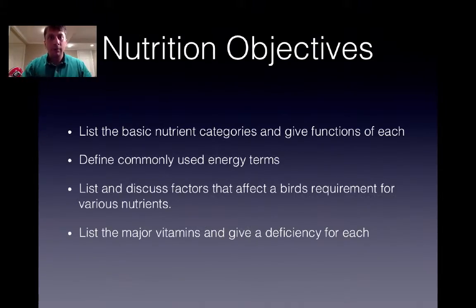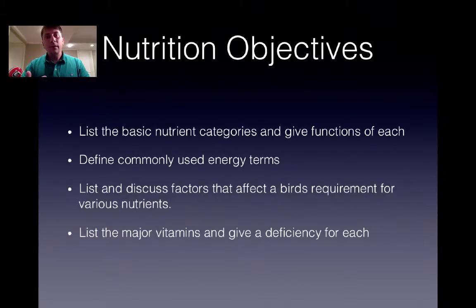And so the objectives for nutrition include listing the basic nutrients, so energy and protein and carbohydrates and fats. We'll provide their function, and we'll look at different sources of those nutrients that are commonly found in feed. We'll define some commonly used energy terms, and these are going to be some terms and acronyms that you'll see over and over again as you go through the poultry curriculum and as you get into the industry.